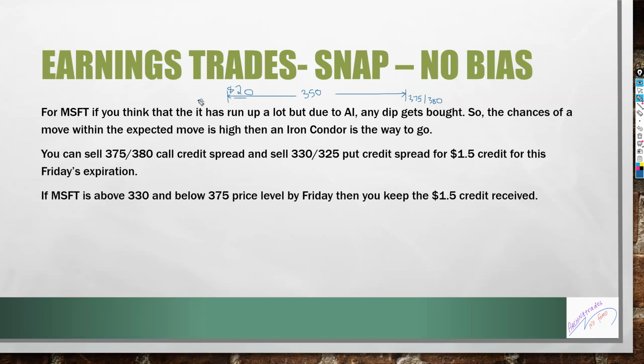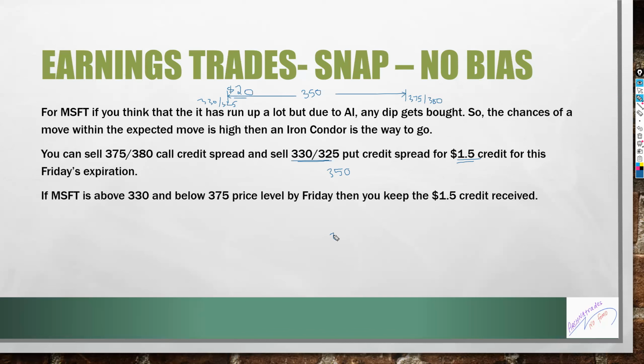You could sell a 330, 325 put spread, to make it an iron condor for a $1.50 credit. So you're getting $150 credit. And this is a $5 wide iron condor.